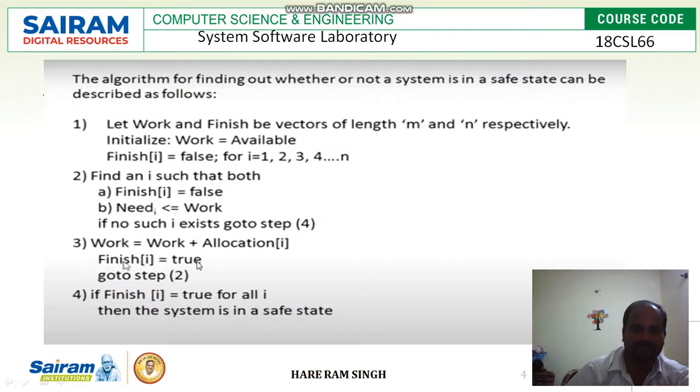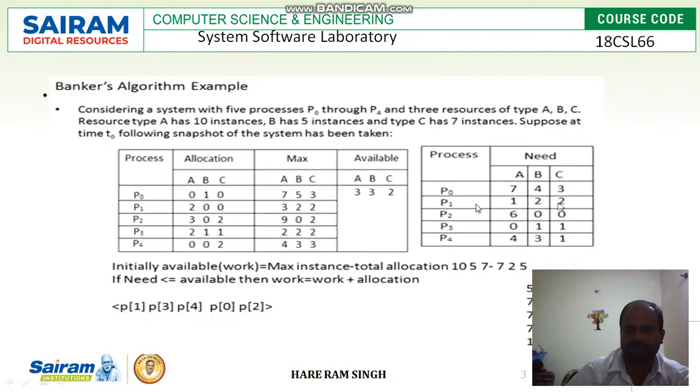Next we go to P1. Again we check the condition, need is less than or equal to available. Yes: 1 is less than 3, 2 is less than or equal to 3 and 2 is equal to 2. Need is less than or equal to available. Then work will be equal to work plus allocation.